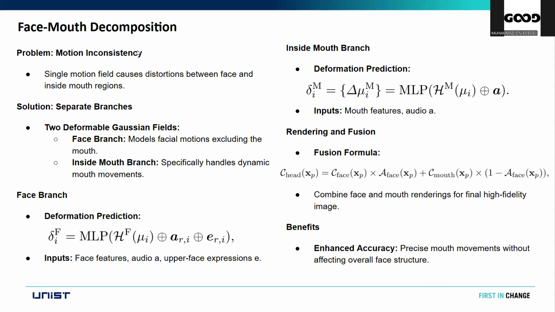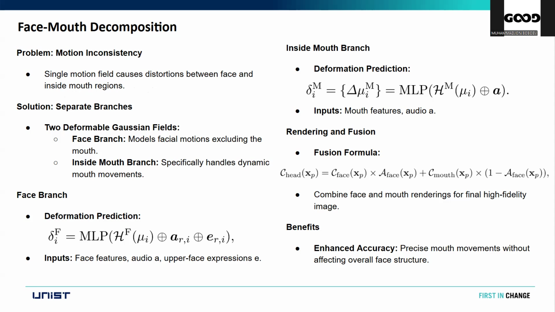So as I introduced before, in this paper they are mainly using face and mouth decomposition. One of the motivations for this approach is motion consistency. Using a single motion field can cause some distortion between the face and the inside-mouth region, because speech is more targeted around the mouth and lips, but we also have to change some expression for our face.